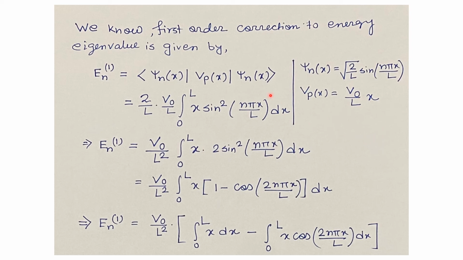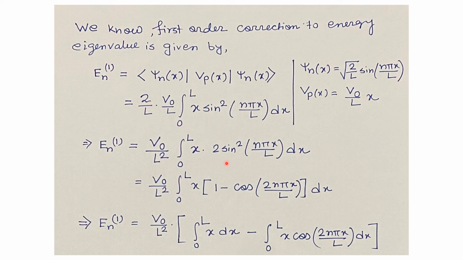So we will just convert this bracket notation to the integration form. So this will basically give Vp(x) times psi n square times dx, and integration over 0 to L. So if we put psi n(x) and Vp(x) in that integration, we will get 2 by L times V0 by L times integration 0 to L x sine square n pi x by L times dx. Now we will take this 2 inside the integration.